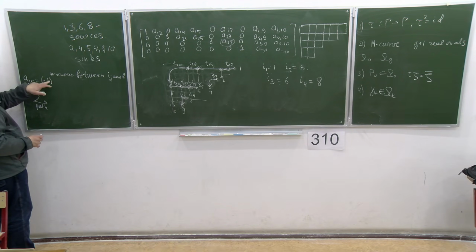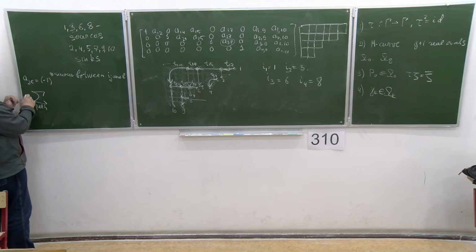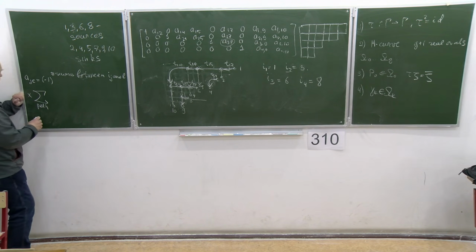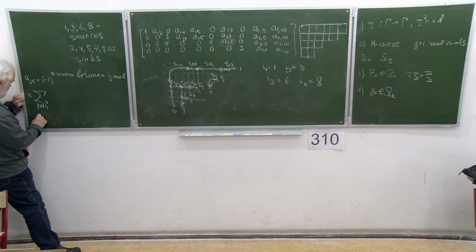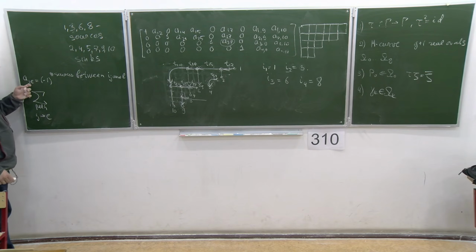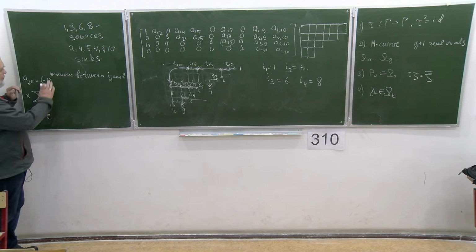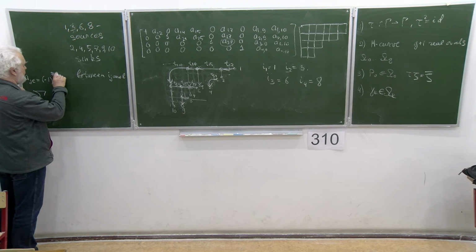What is ij? There is a sign times the sum of all paths from ij to L. So you calculate AJL. What is it you wrote, the number of sources between ij and L? Yes, the number of sources between ij and L. What is ij?